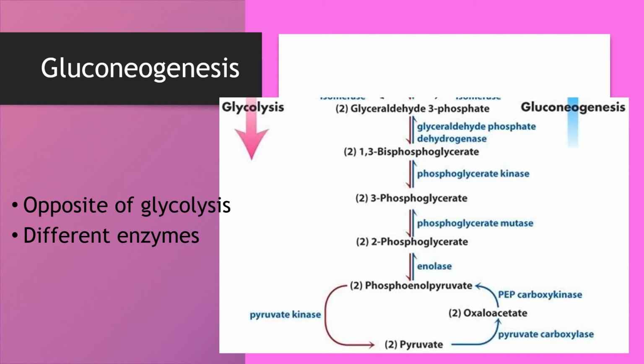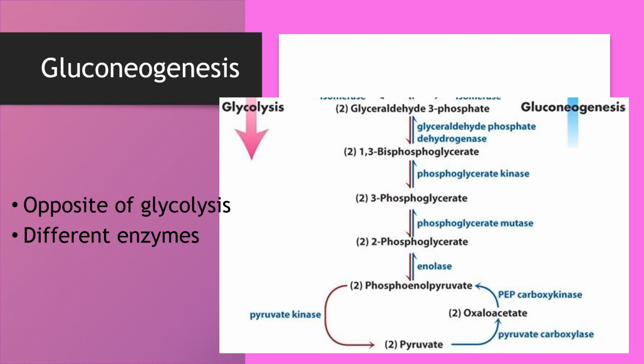So gluconeogenesis can be said to be the opposite pathway of glycolysis, but it must be understood that some of the reactions in glycolysis are irreversible, and same with gluconeogenesis. But there is a way around it, and if we recognize anything else that happens in the body, there's always a way around something, and that is using those different enzymes.